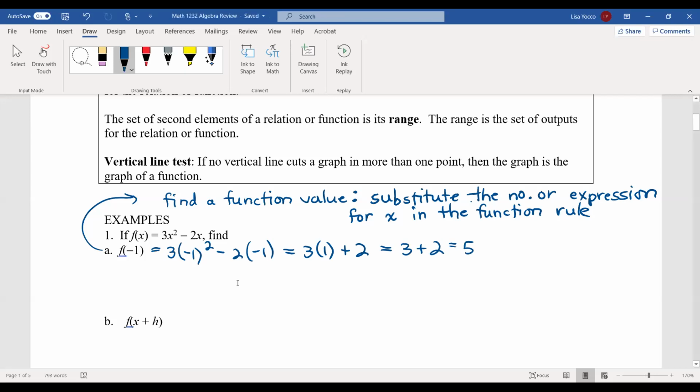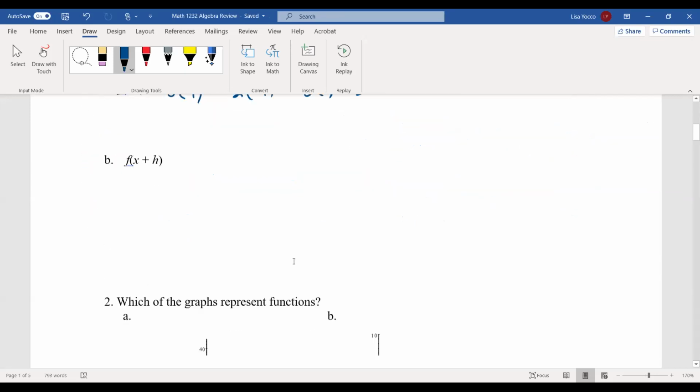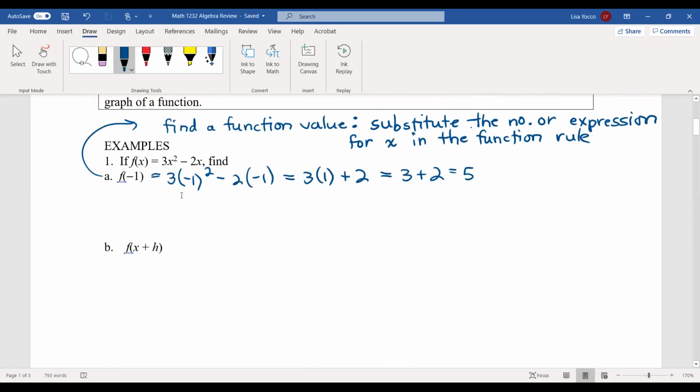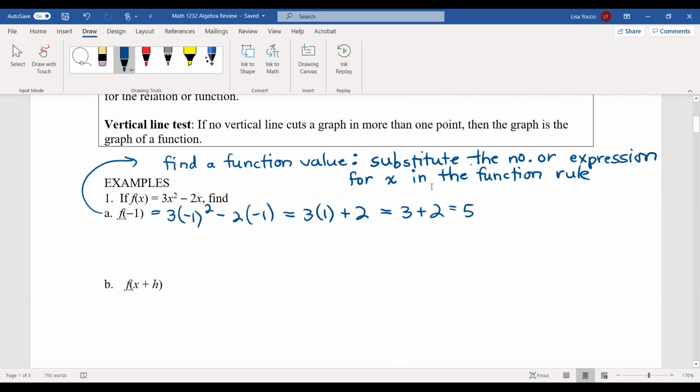Sometimes we want to substitute, like I said, an expression into a function. So just as I mentioned, we're going to take that x plus h. Yeah, so we substitute the number or expression that's in the parentheses for x, or whatever variable.